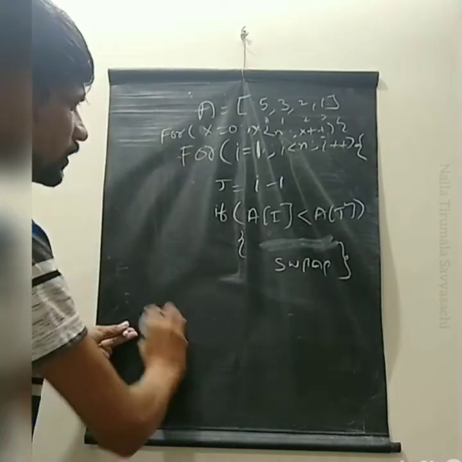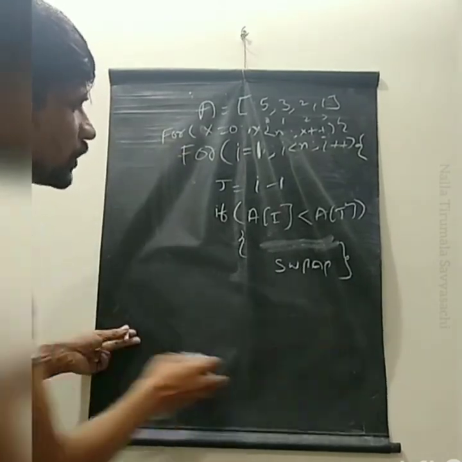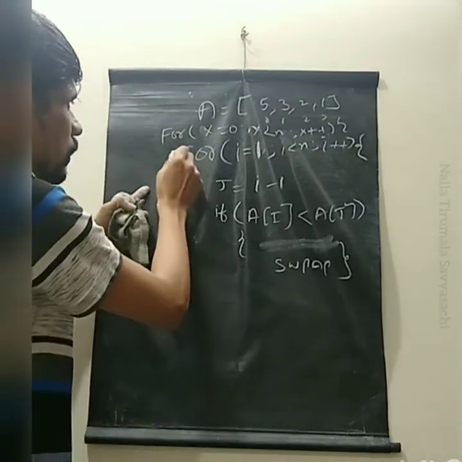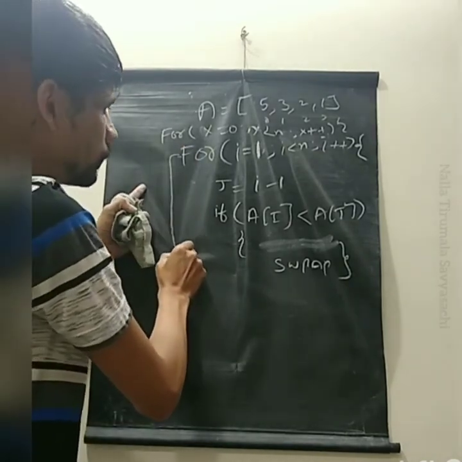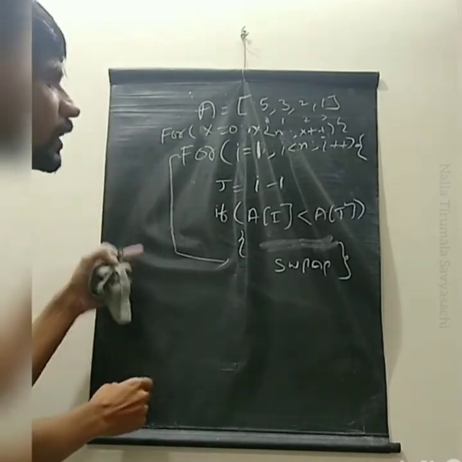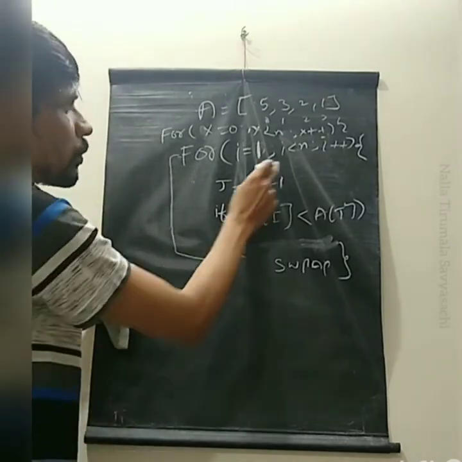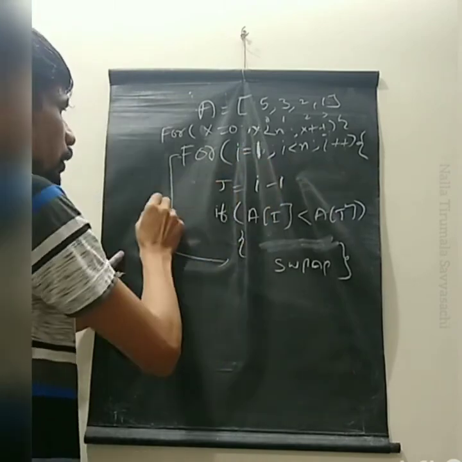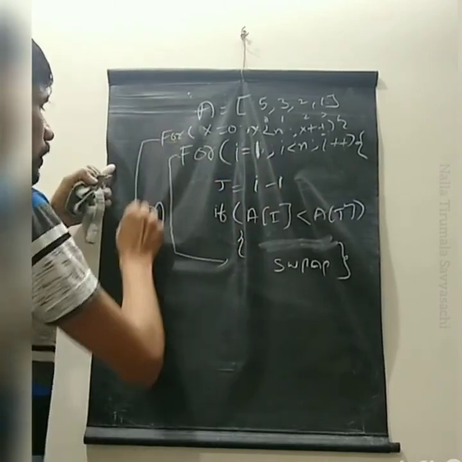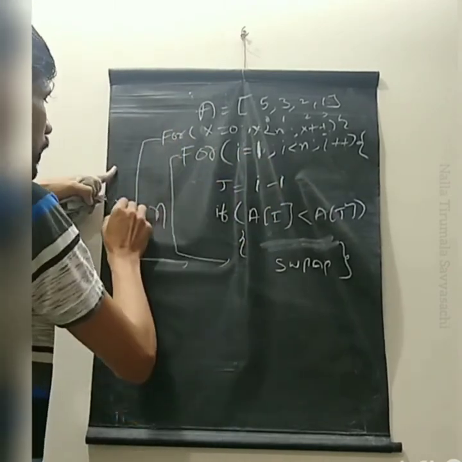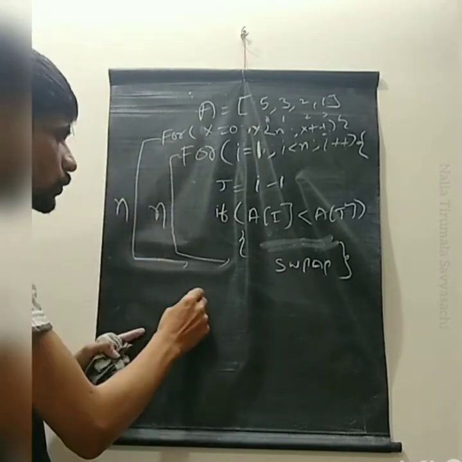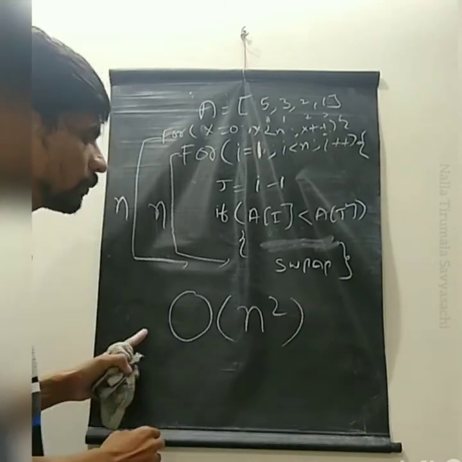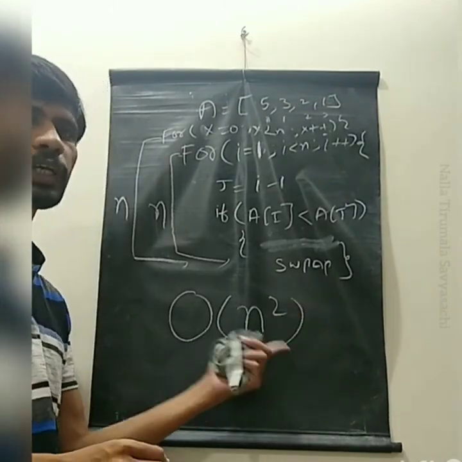If you observe, this for loop, how much time will it take? N number of times, right? The complexity of this for loop is n. This for loop, another n, right? So what will be the complexity of this program? Big O of n square.